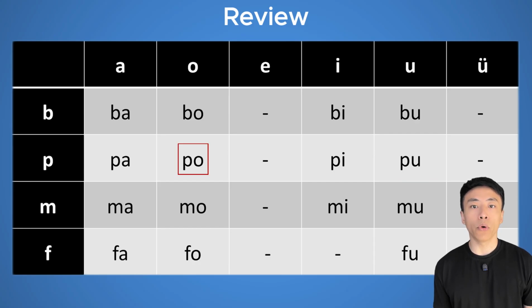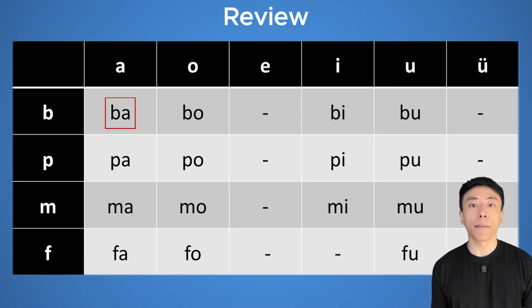Pa, po, pi, pu. Mo, we have ma, mo, mi, mu. Repeat. Ma, mo, mi, mu. Fo, we have fa, fo, fu. Repeat. Fa, fo, fu. Now by finals.